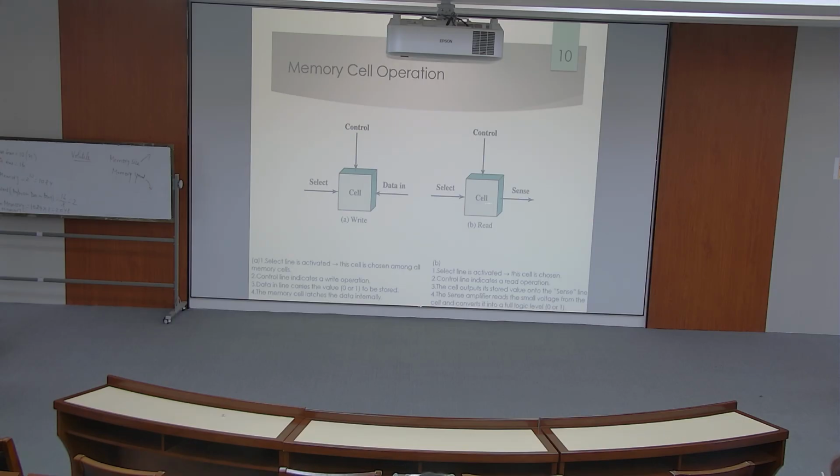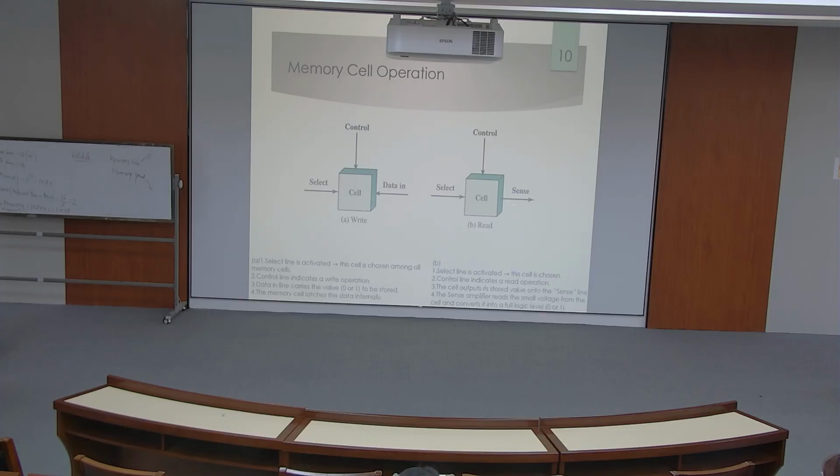On the other side, we have the read operation. The line here is selected active for a read operation, and this cell is selected for reading. The cell needs to output the stored value onto what we call the sense line, the data that we stored in the write operation.